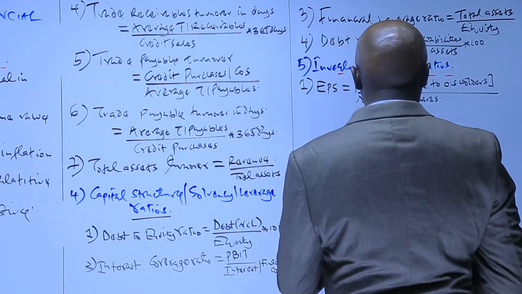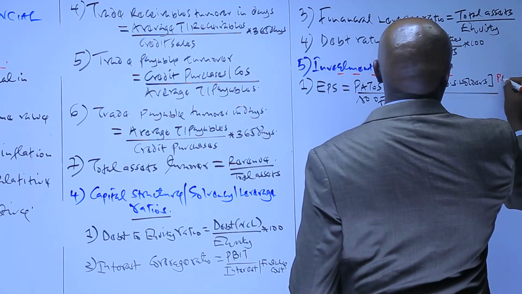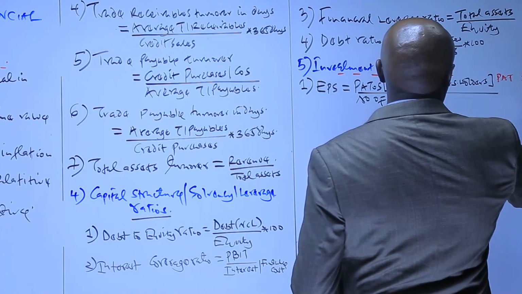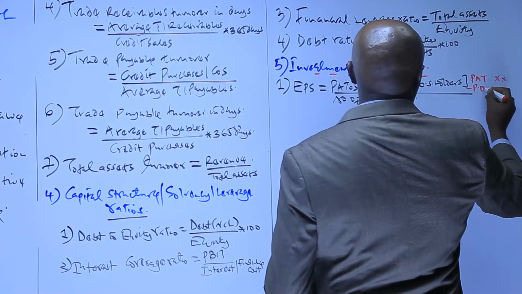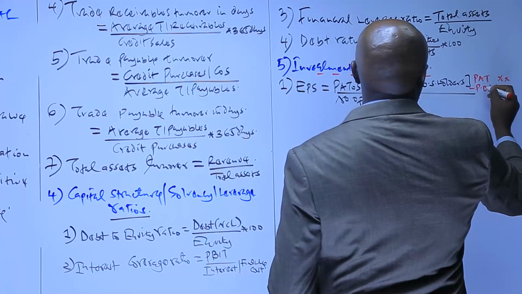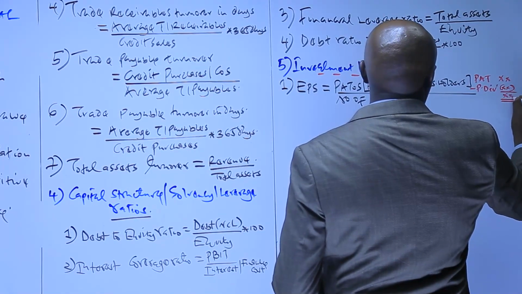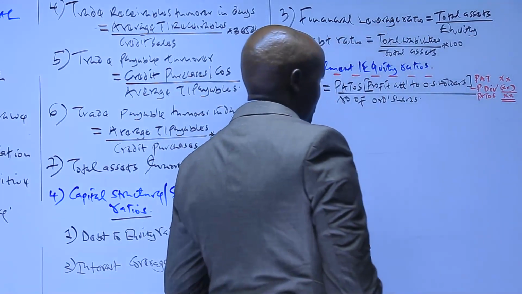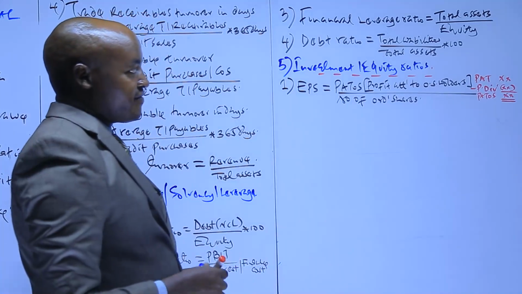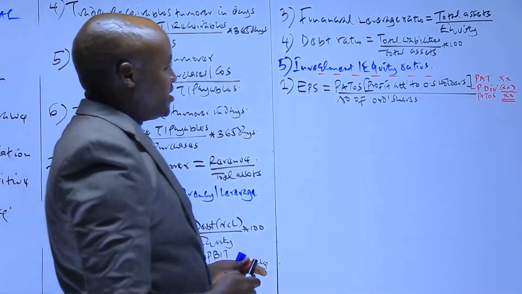In terms of how we determine the profit attributable to ordinary shareholders, we take the company's profit after tax, and then we less the preference dividend for that year. Whatever you get here is known as PATOS, the profit attributable to ordinary shareholders. That is the company's profit after tax, or the profit for the year, minus the preference dividend for that year.